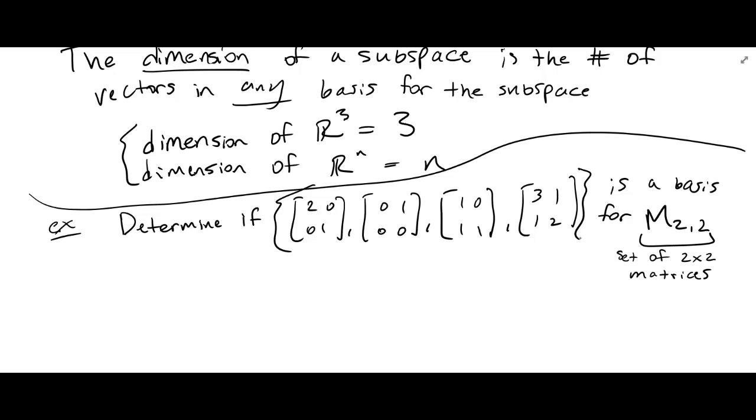So we need to determine, if we think about them as vectors, are they linearly independent? And do they span all of M22?